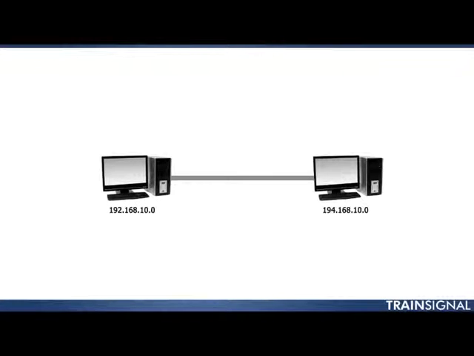If you have computers like we had in our simple network, where they're all on the same network ID, then they can all communicate directly with one another. But if you have computers on different networks, and therefore with different network IDs, then they need to use a device called a router to communicate from one network to the other.